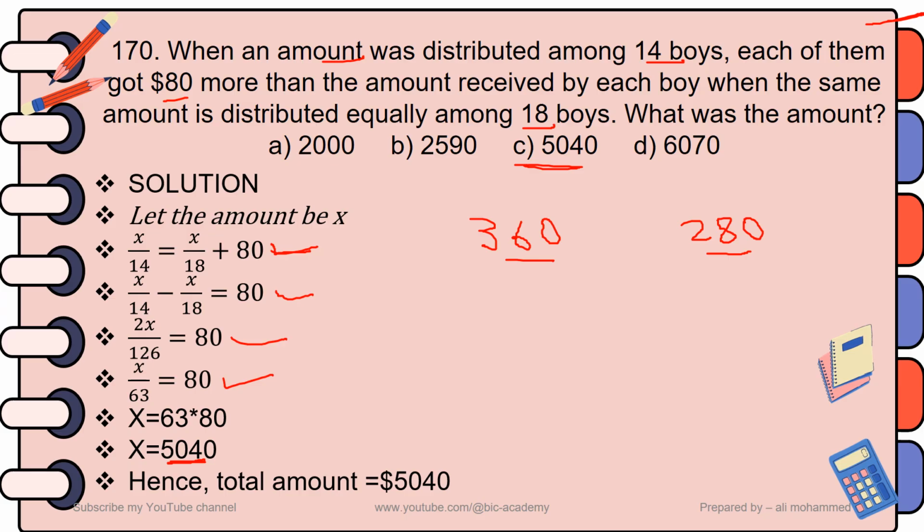So each boy gets $80 more when we divide it by 14. So 280 plus 80 is equal to 360. So your answer is correct.